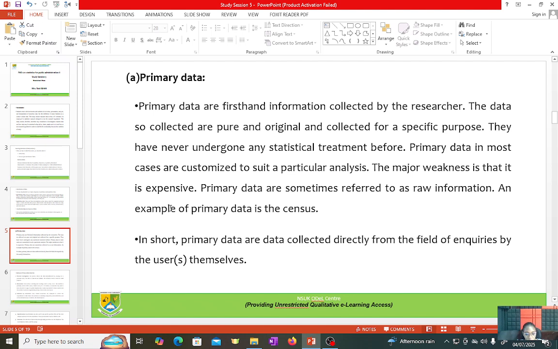They come to your house and take the numbers and the biodata of everyone. So the census is a very good example of the primary data. Primary data are data collected directly from the field of inquiries by the user themselves.